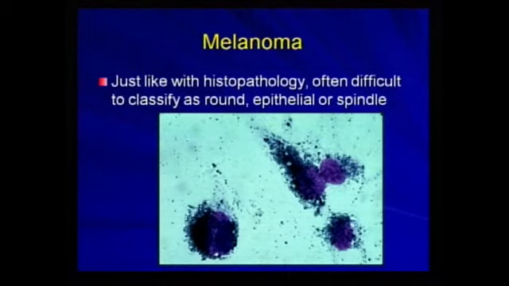As we said before, it can be very difficult, in the absence of definitive malignant criteria, to differentiate malignant cells or malignant tumors from benign tumors on cytology. We cannot assess invasiveness. And so a lot of times we will send out a diagnosis of melanocytic neoplasm and recommend excision.